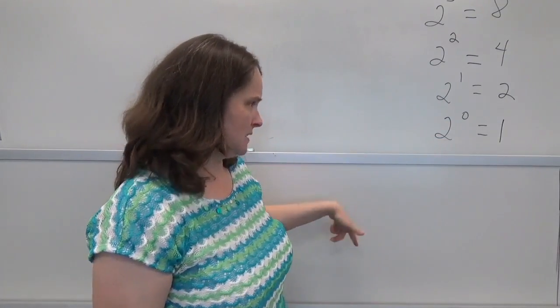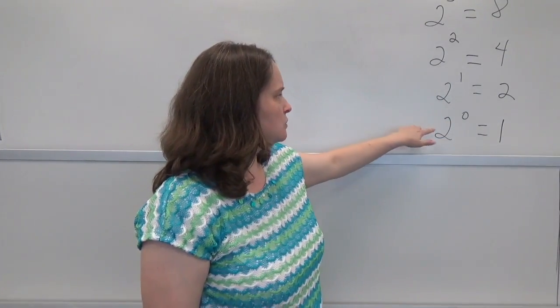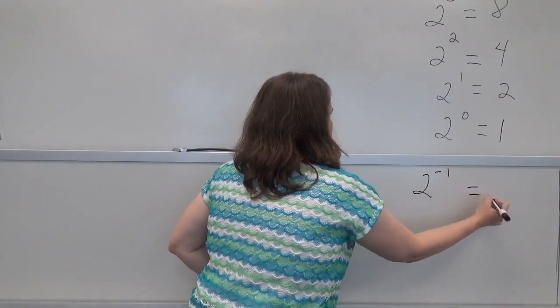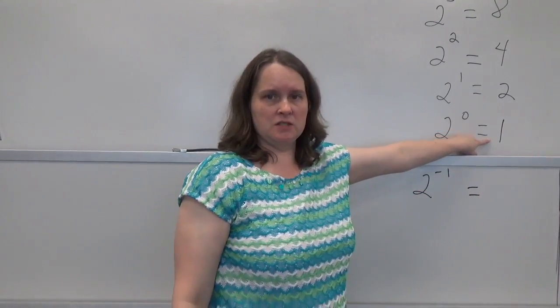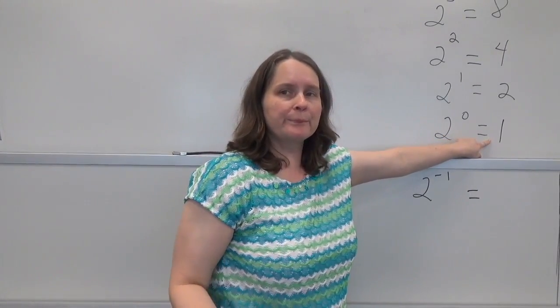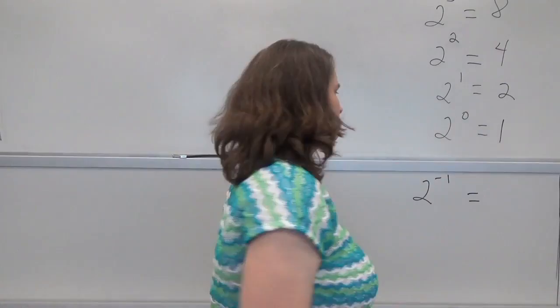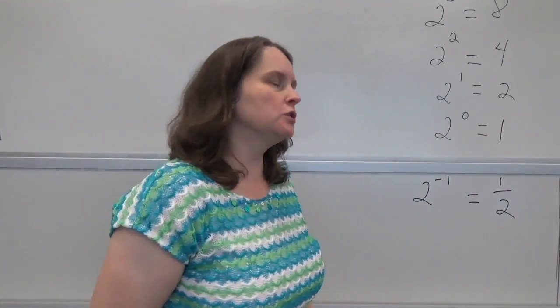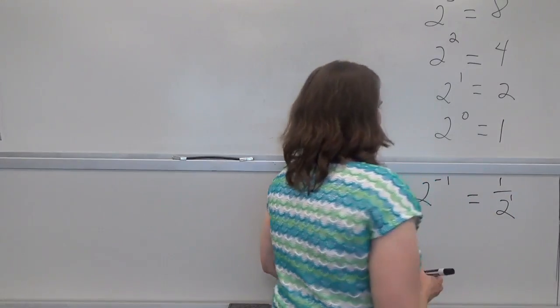If I continue with this pattern, if I do 2 to the negative 1st, I want to divide the previous result by 2. Well, 1 divided by 2 is going to give me 1/2. Or you can say that's 1 over 2 to the first power.